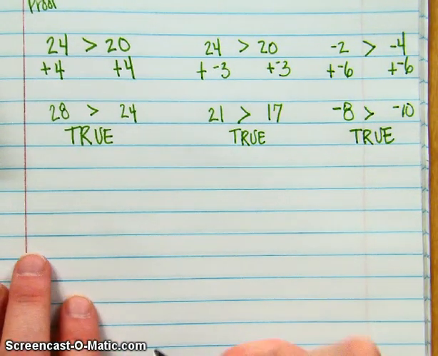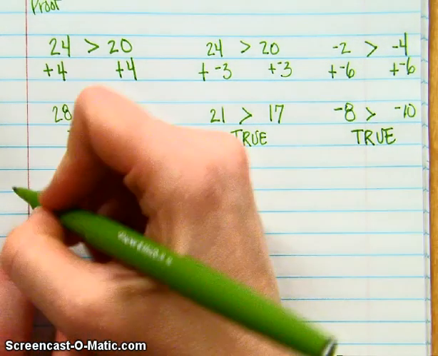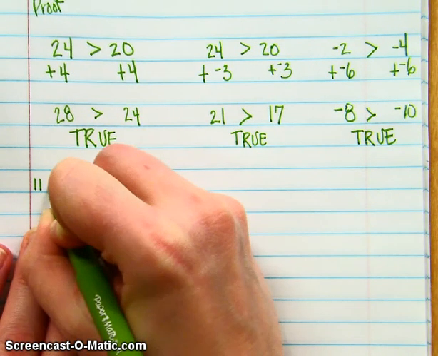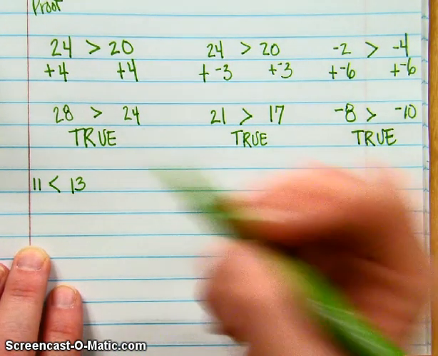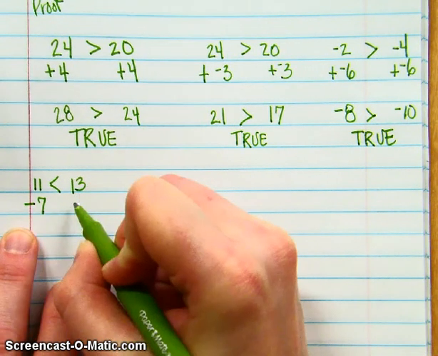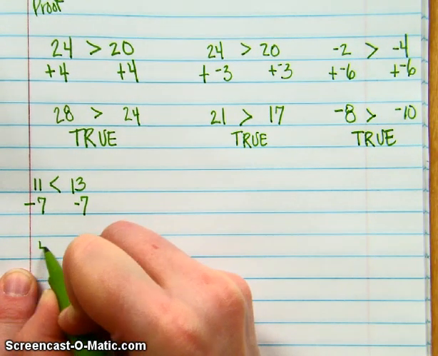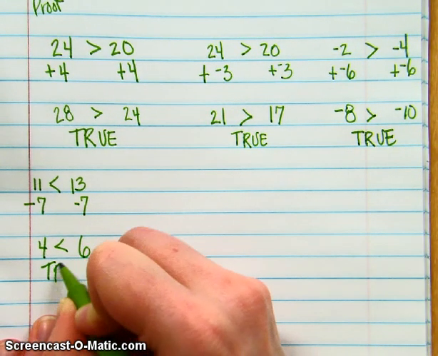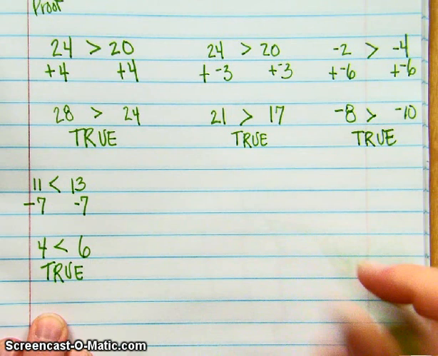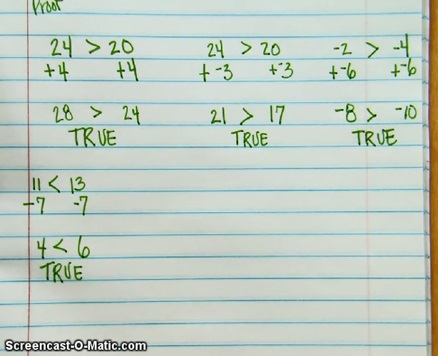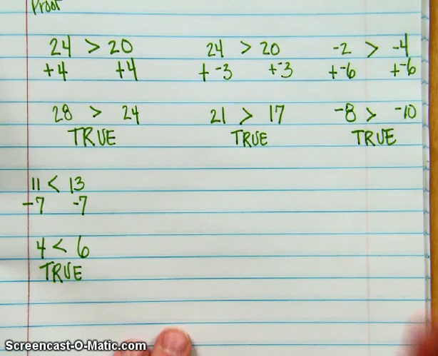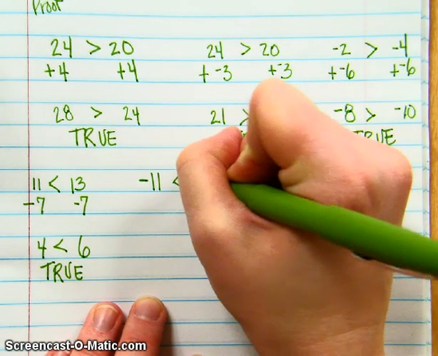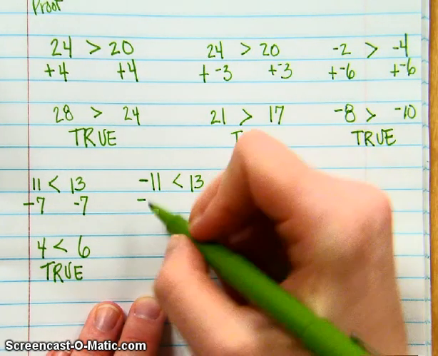Okay, so let's look at what if I subtracted something. What if I had 11 and 13? Well, 11 is less than 13. What if I subtracted 7 from both sides? I would have 4 is less than 6. That's still true. What if the 11 was negative and I subtracted 10?